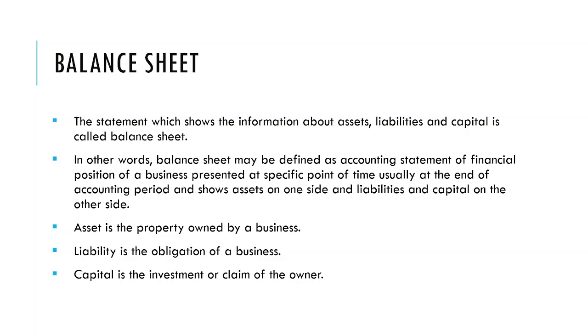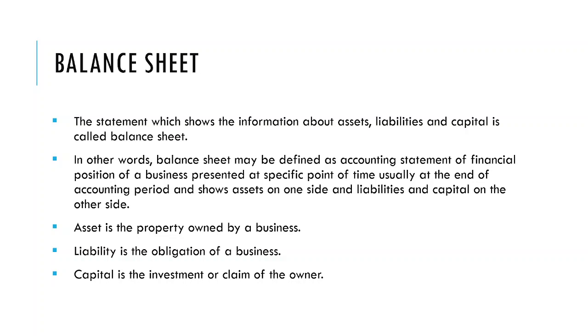On one side you have assets and on the other side you have liabilities and capital, and in doing so, after preparing the balance sheet, the end result is always assets equals liabilities plus capital, which means one side is always equal to the other side.